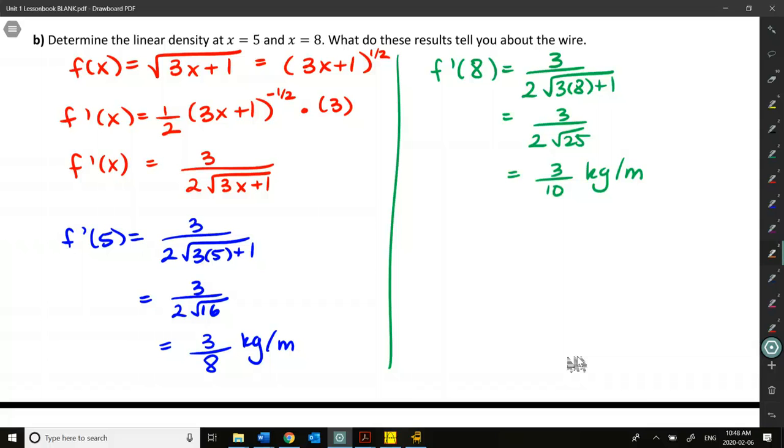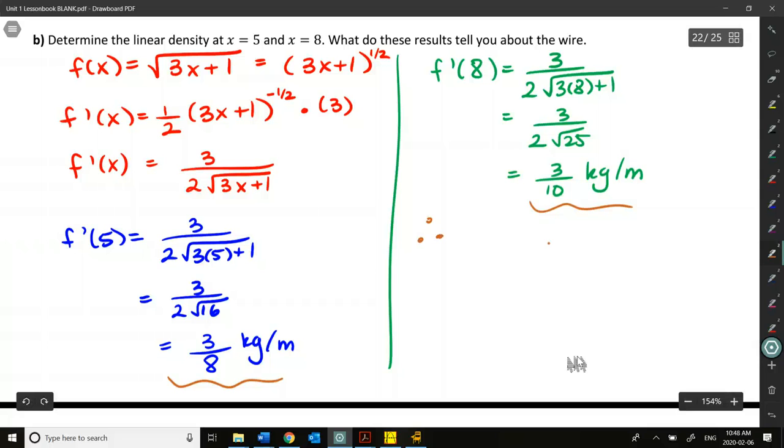Okay, so same, right? Homo meaning same. So all the same material. So the fact that the linear densities are different at different points in this wire actually gives us information about the material of the wire. It tells us that the material of the wire is non-homogeneous.